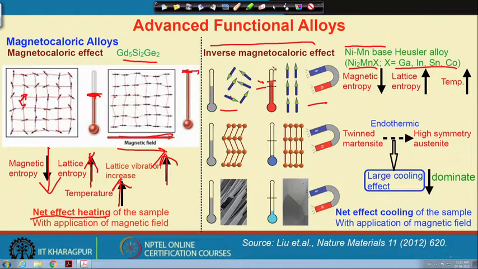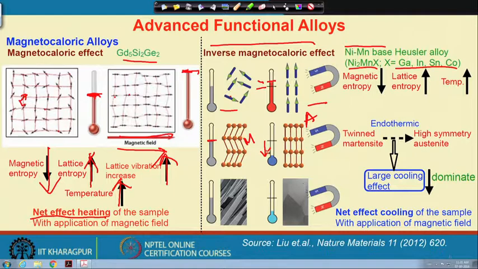Now, if we introduce a phase transformation into the system, what is going to happen? We have martensite, which has a transformation temperature, and when I apply a magnetic field, the transformation temperature increases, like a magnetic field induced structural phase transition. Here martensite transforms into austenite, and therefore there is a net decrease of the temperature.